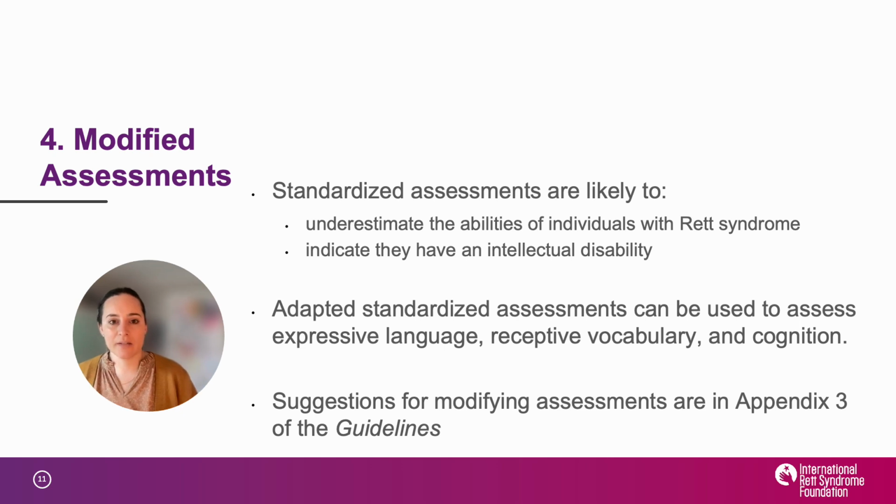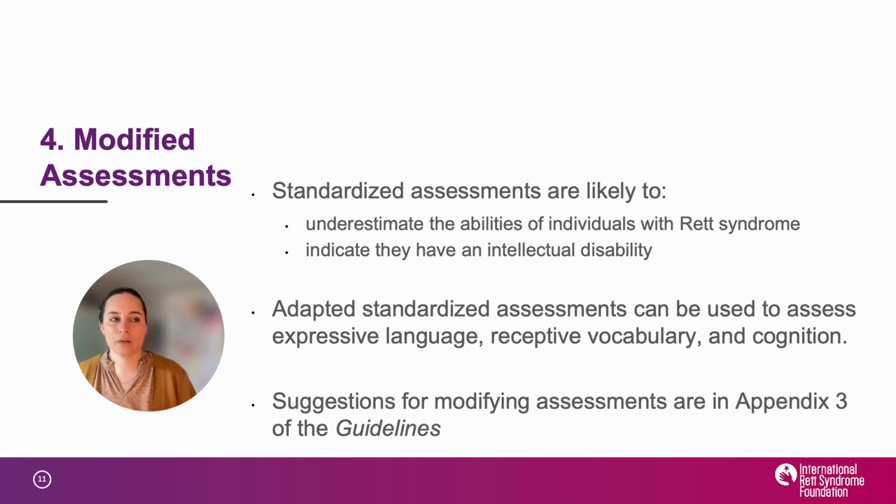So if you do choose to give a standardized assessment, consider how you might adapt the test so that it could be accessible. For instance, if you're going to give the PPVT, the Peabody Picture Vocabulary Test, that requires a response of pointing to a response in a field of 4. So could you adapt that assessment to allow the individual to use their eyes to point to that field of 4?